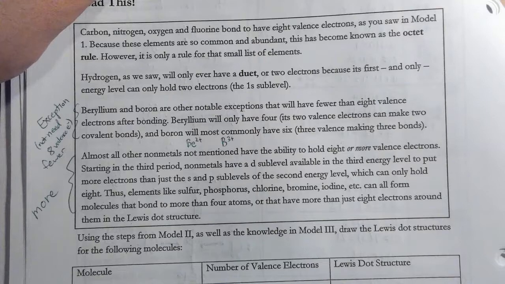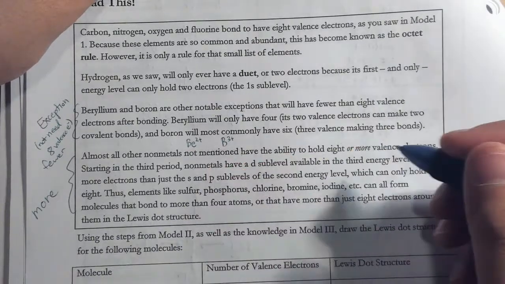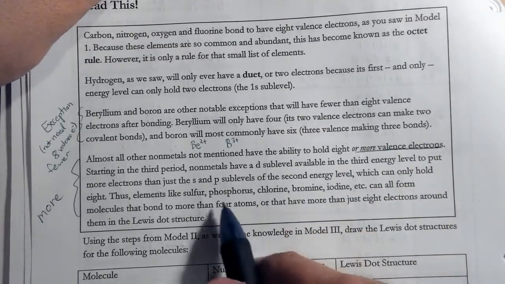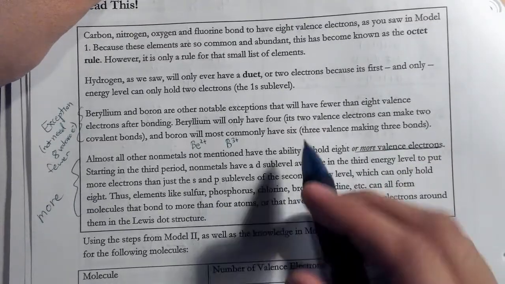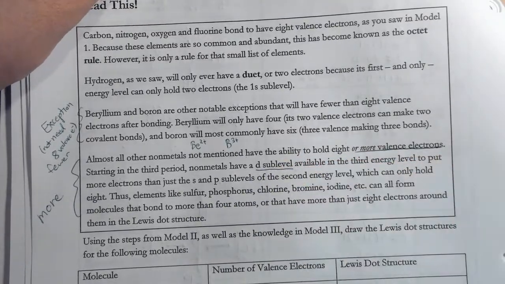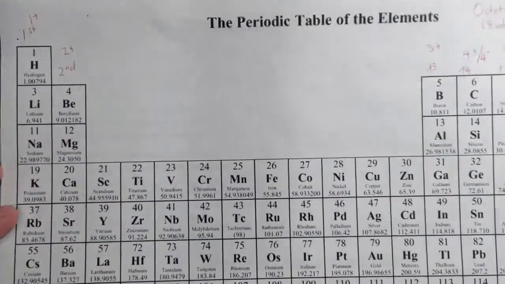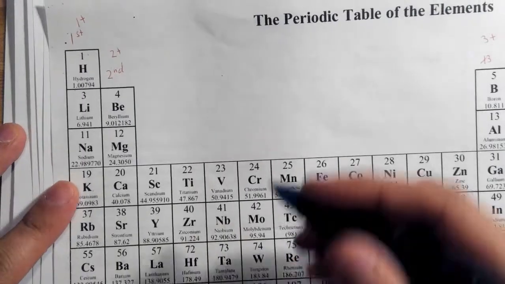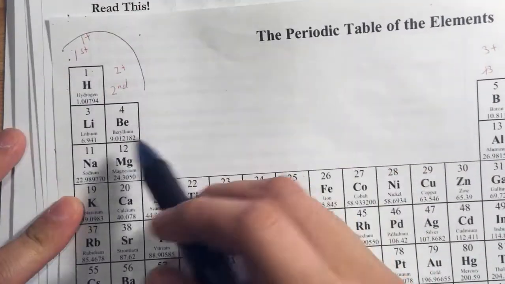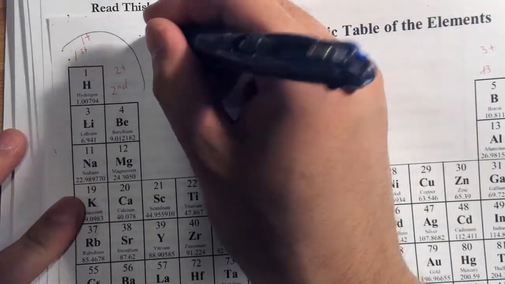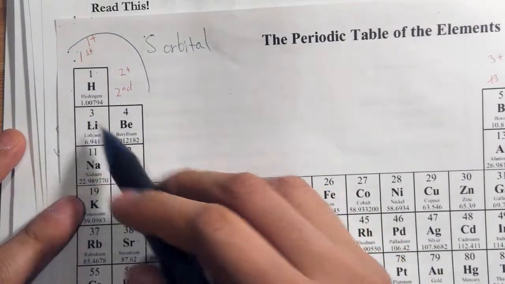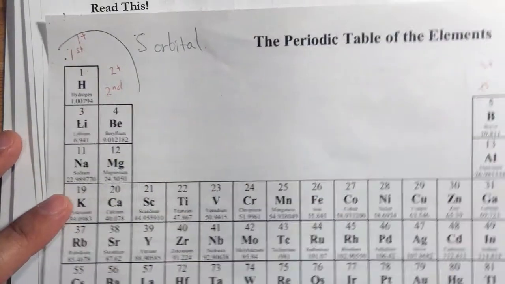All right, so when they mention the d, where is it? So more valence electrons. So d orbital, d sublevels. Where is it? If you look at your periodic table, what they're saying is that this side, these two columns, are called the s orbital. I'm not sure if you guys learned this, but this represents the s orbital.